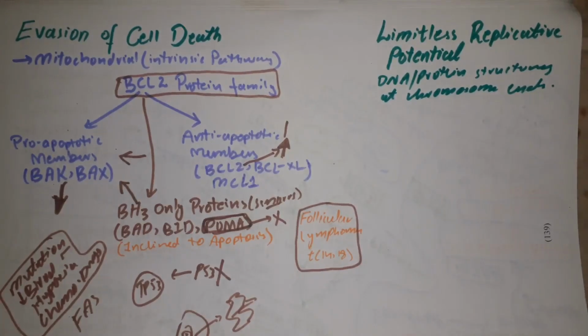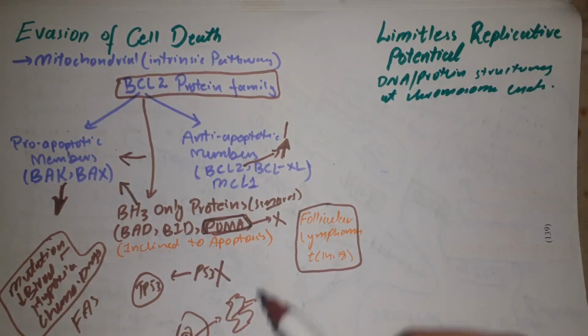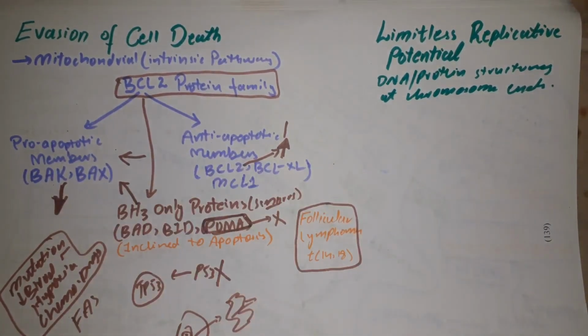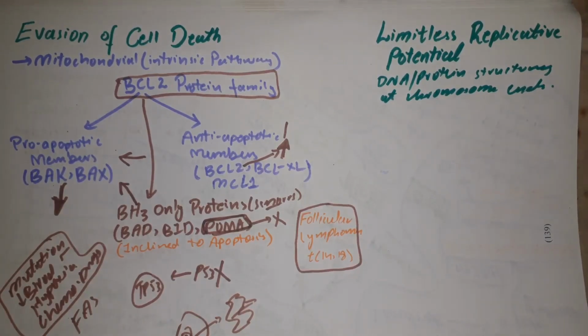Under normal conditions, a cell dies after accumulating some mutations. However, when there is down-regulation of PUMA, the cell sustains survival even after accumulating mutations which would normally lead to cellular death. In this way, the cancer cell evades apoptosis.